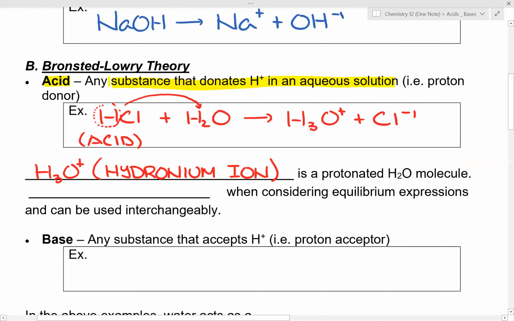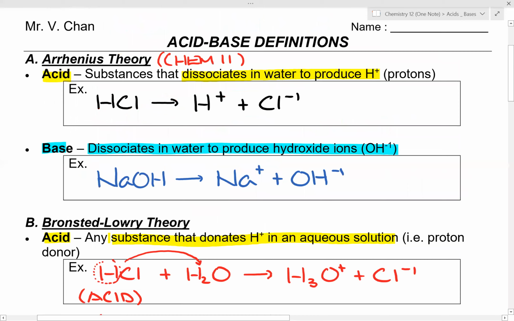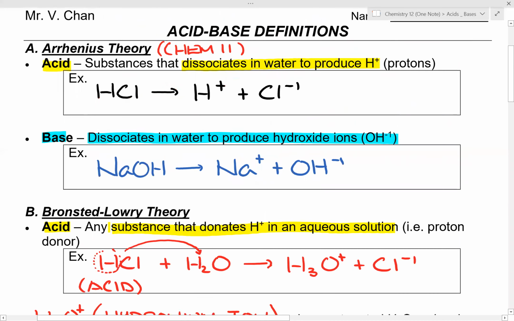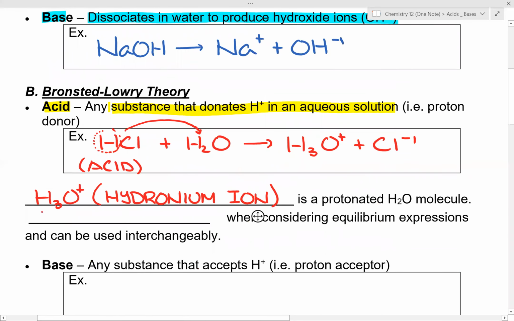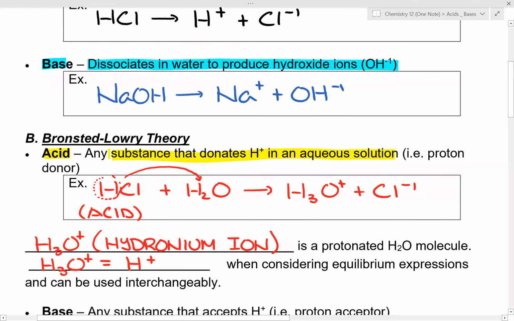When you're doing chemical equations, the H3O plus has the same characteristics as the H plus when considering equilibrium expressions and can be used interchangeably.